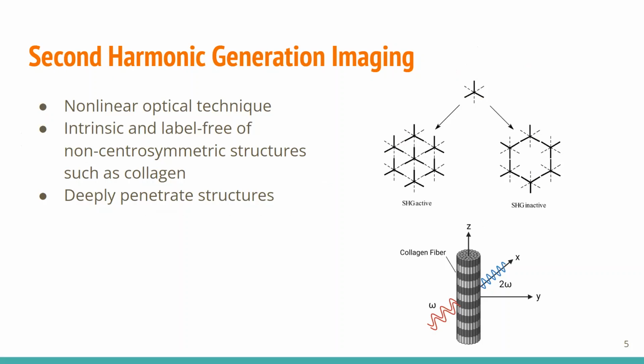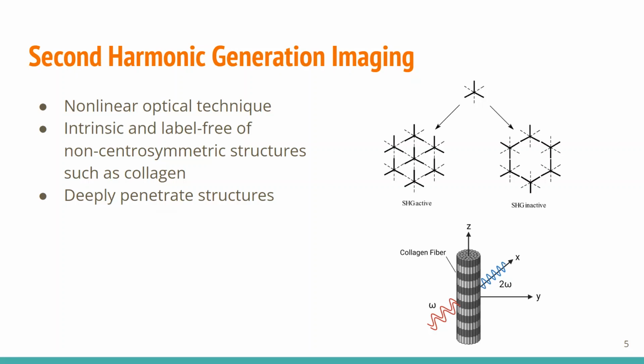Specifically, this works on non-centrosymmetric structures such as collagen. Other examples include myosin in your muscles. It also allows you to deeply penetrate structures, into the 400 to 500 micron range before you really start having trouble, whereas typical 1-photon techniques don't have this deep penetration.